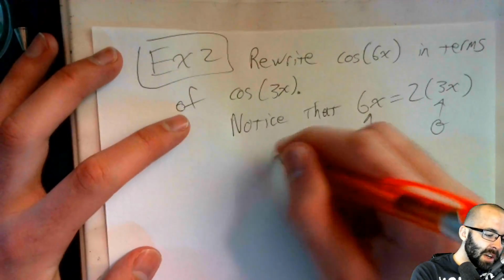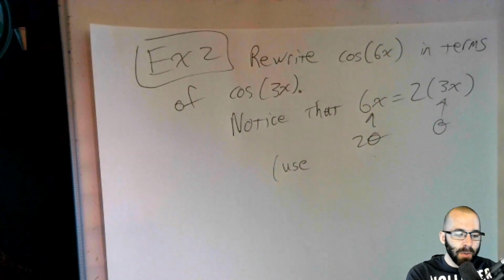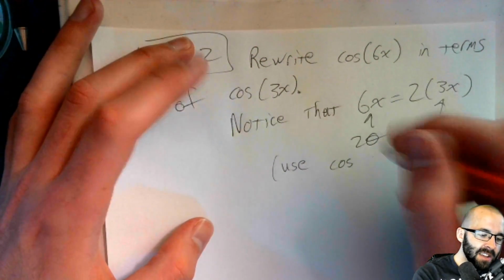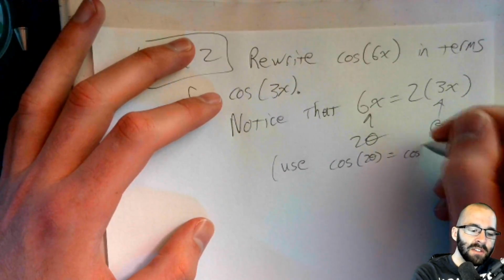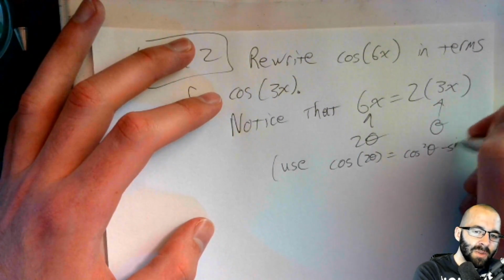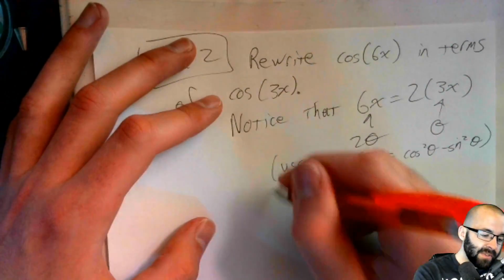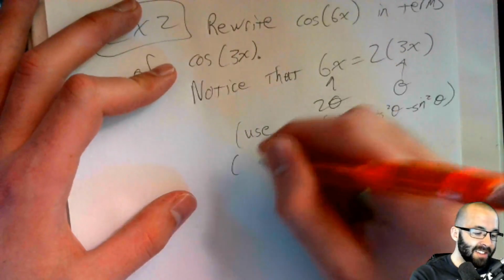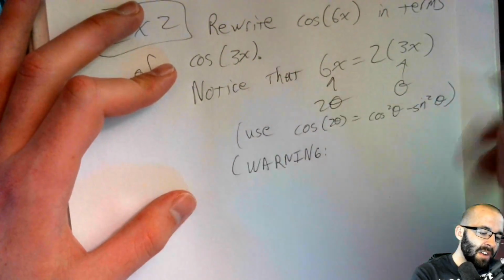So we're going to use a cosine form, and we can use any cosine formula we want. Let's use a different one. This time we could say that cosine of 2 theta is going to be cosine squared of theta minus sine squared of theta. Also, again, here, I love parentheses. We're writing parentheses everywhere. Capital letters, warning, right?